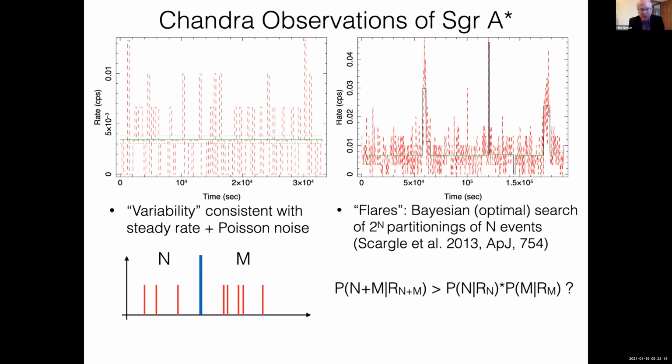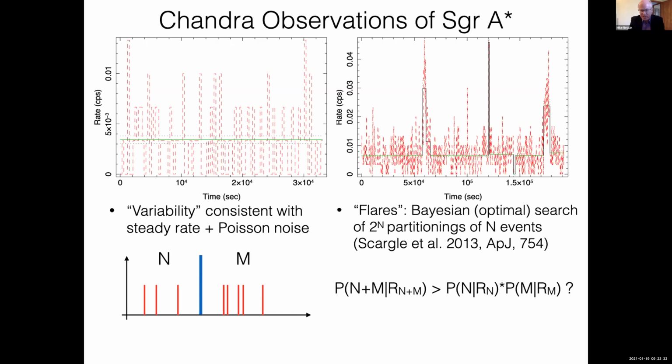So we see here the light curve on the left, and this is a typical Sagittarius A* light curve in the X-ray. We're seeing counts per several 200-second bins, and you can see the typical bin comes in very slowly, 0, 1, 2, or 3 counts.